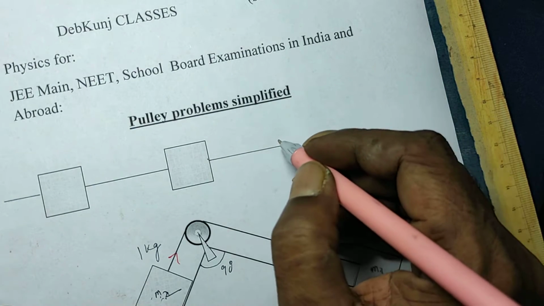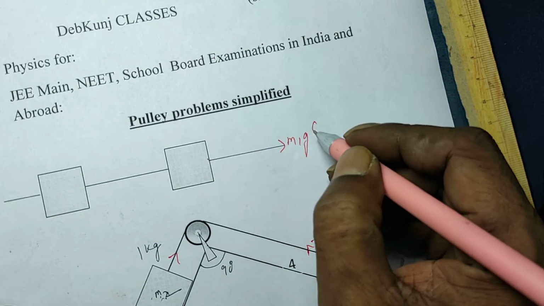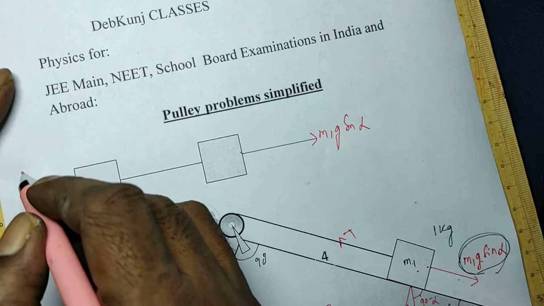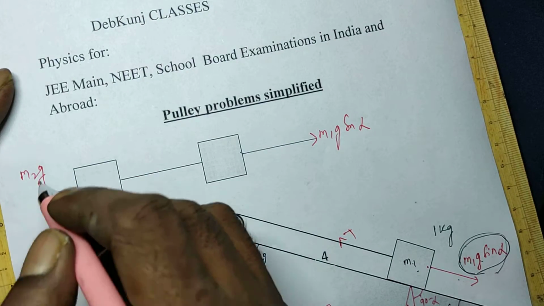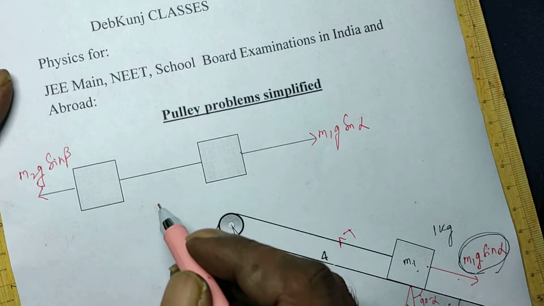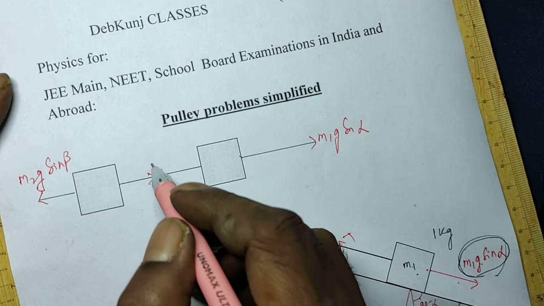So this is your M1g sine alpha, and this is your M2g sine beta. This is the shortcut, and here is the tension T.